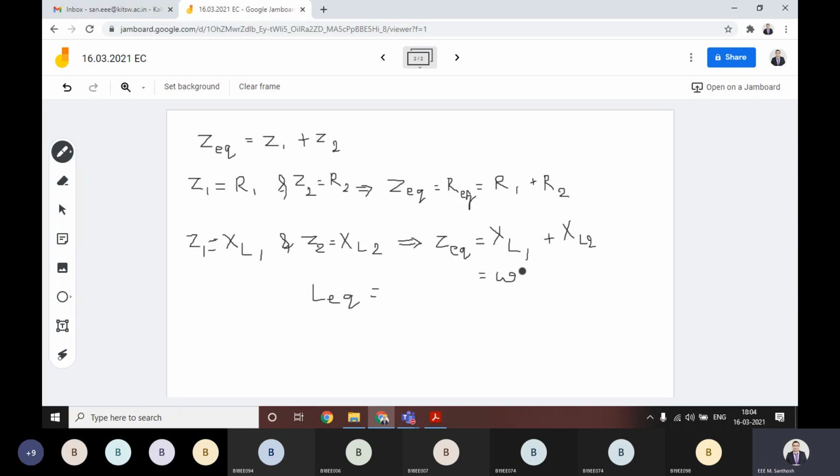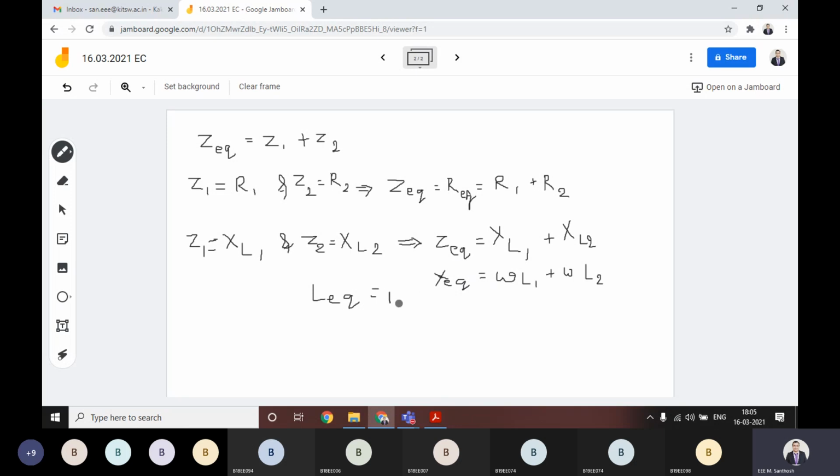That is omega into L. You know, right? Omega L1 will give you XL1. Then this will be omega L2. Then if you have here X equivalent, this will be omega into L equivalent, right?